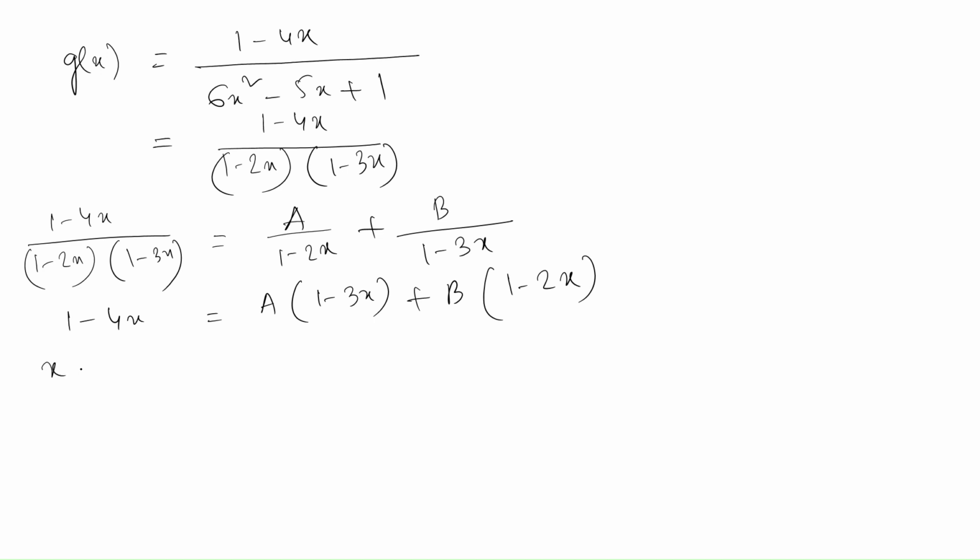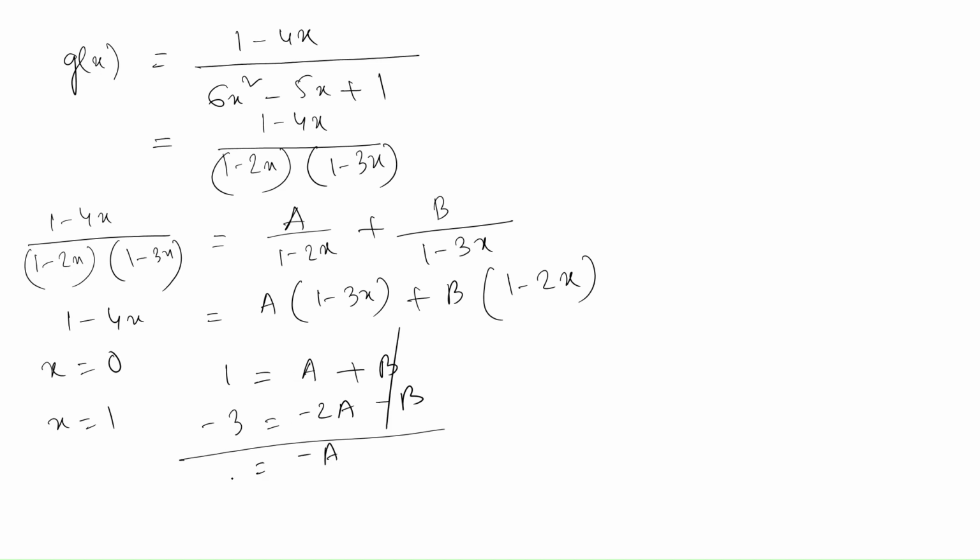Now let us take x as 0, then we'll have 1 equals A plus B. Now let us take x equals 1, then we'll have minus 3 equals minus 2A minus B. Now if we do the simplification, then minus A equals minus 2. So A equals 2. Now put A equals 2 here and you will get B as minus 1.